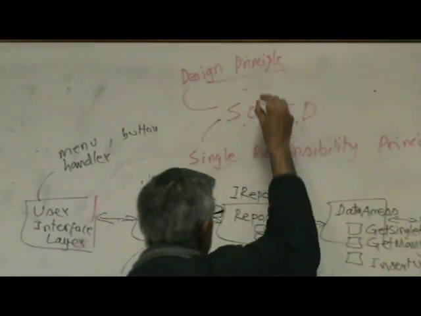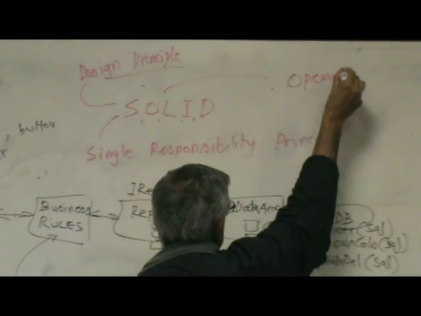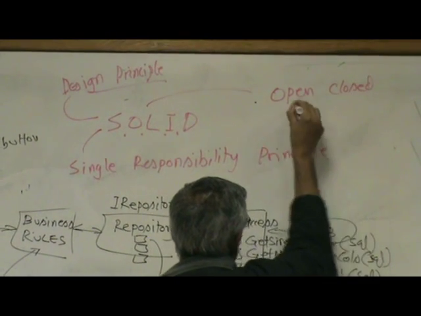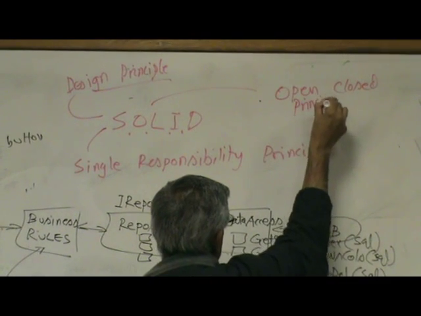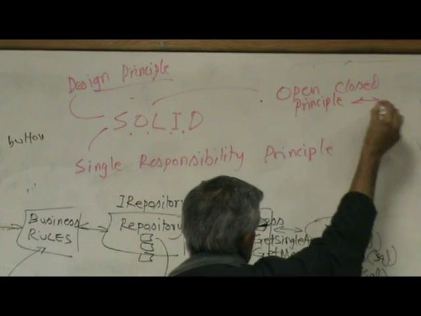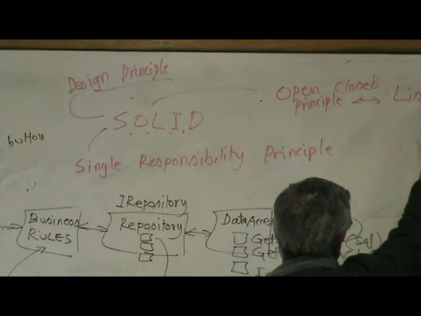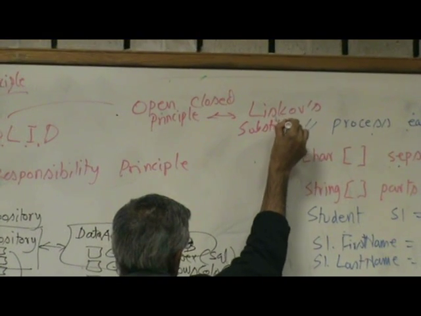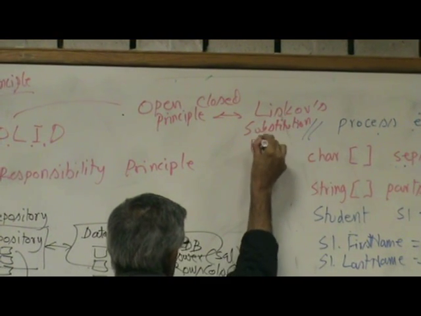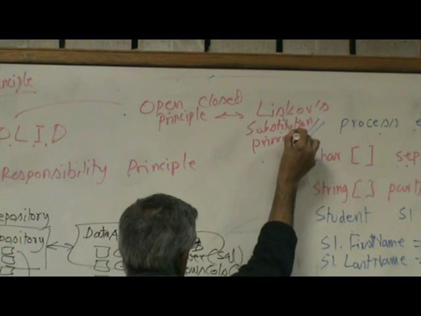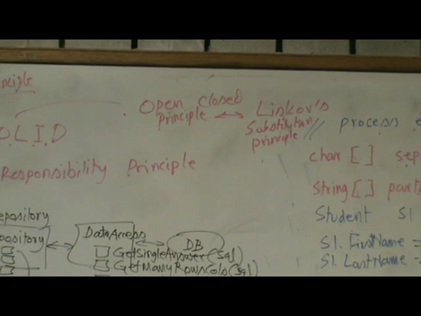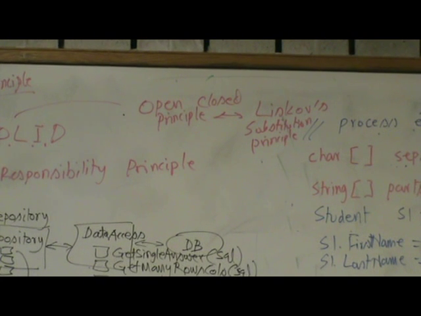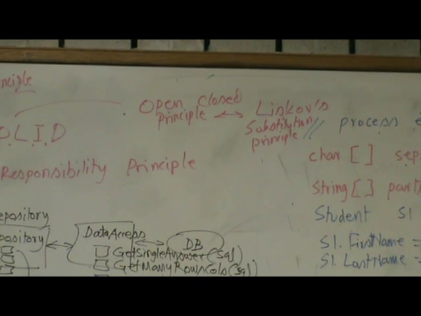O is called the open-close principle, also called the Liskov substitution principle. And we discussed this in the last lecture, if you remember, right? And what does it mean? A class should do its own actions. It should not ask somebody else to do some work on its behalf. Okay.